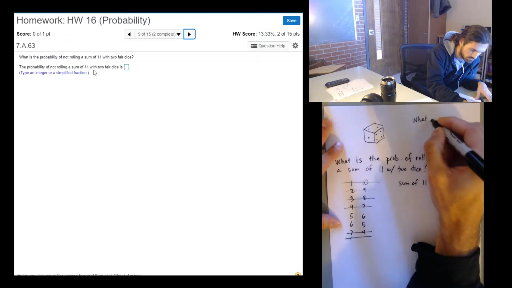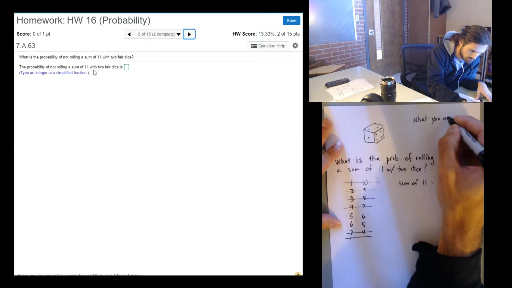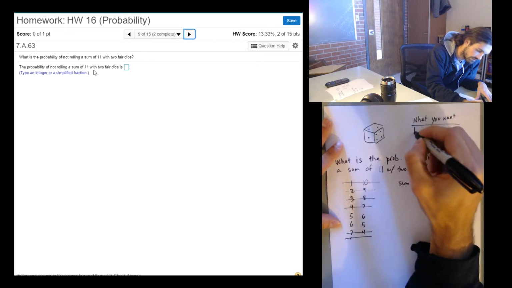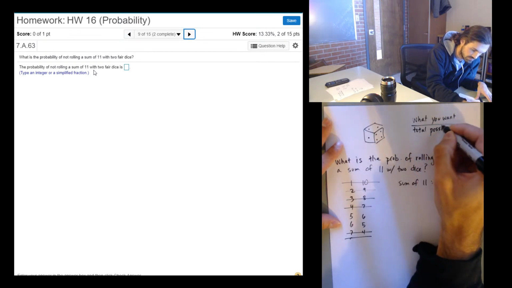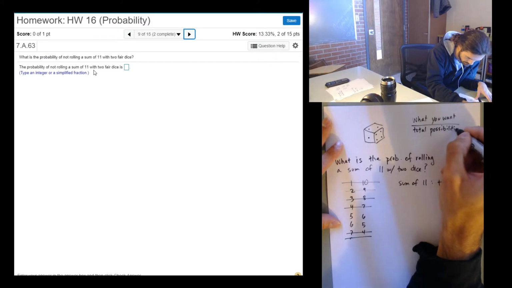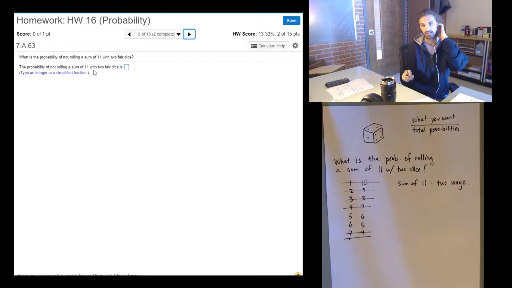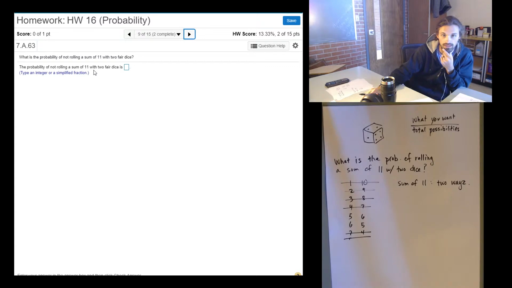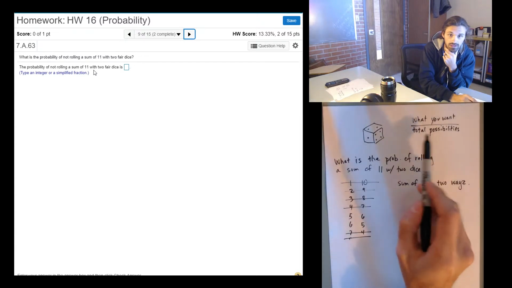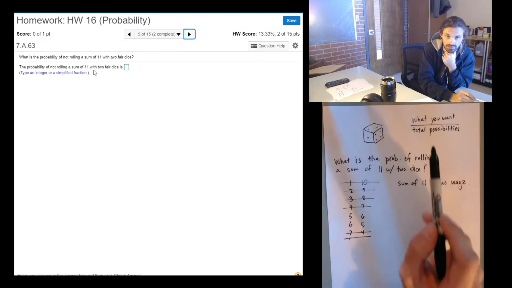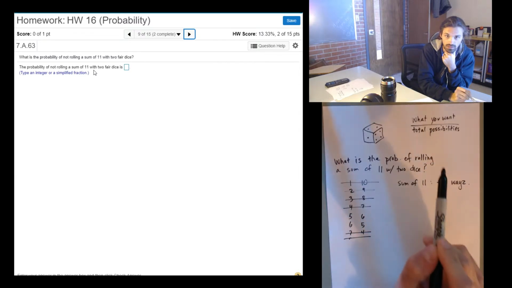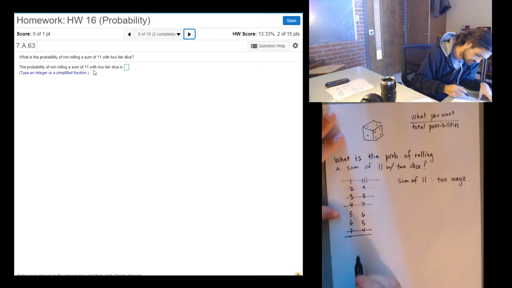It's what you want divided by total possibilities. So what you want divided by the total number of possibilities. So what we want is to roll the sum of 11. So there's two ways to do that. Total possibilities.